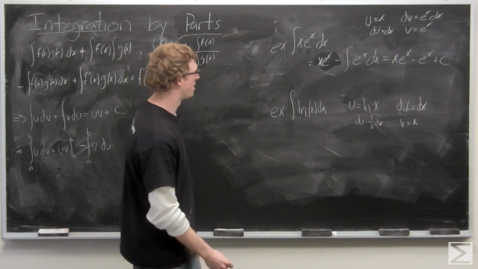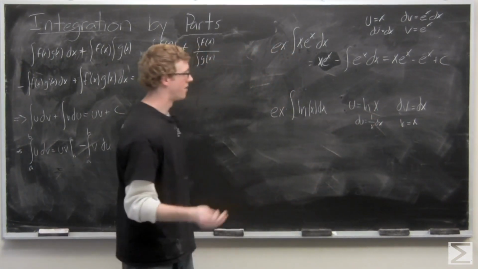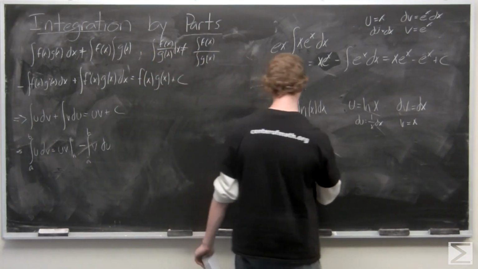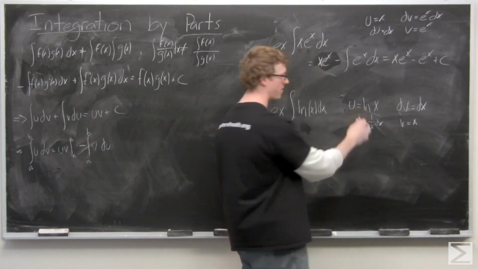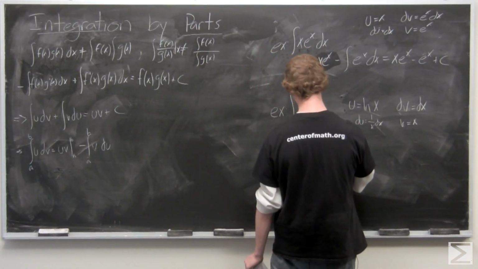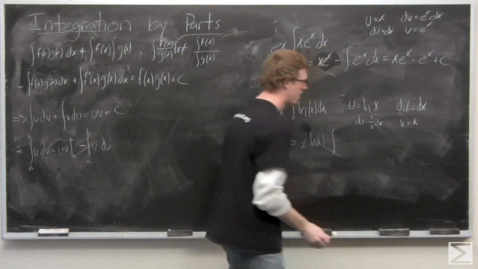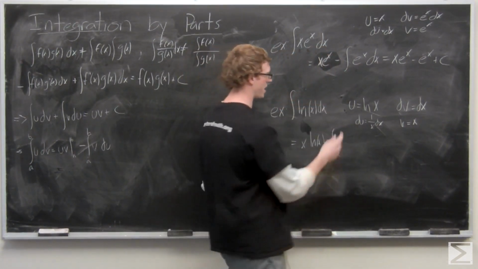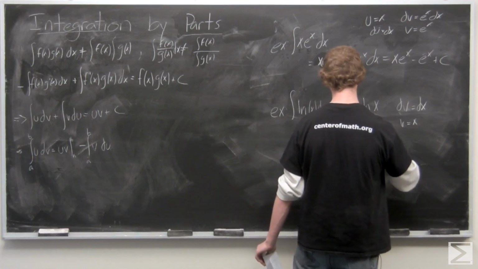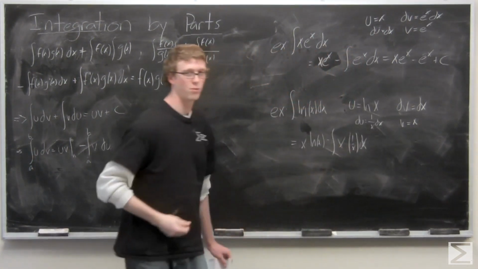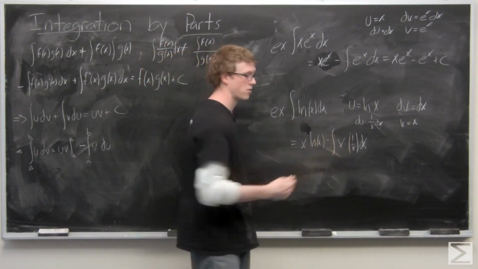So now we can set up the right side, uv minus the integral of v du. u times v is x ln x. And v du is x times 1 over x dx. x and 1 over x cancel, and that's just x ln x minus the integral of 1 dx.